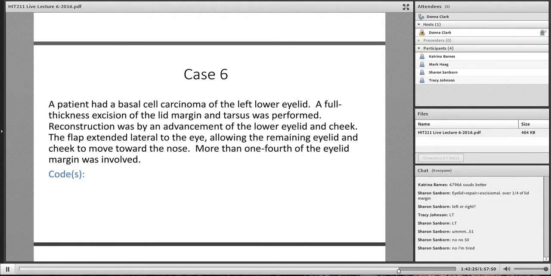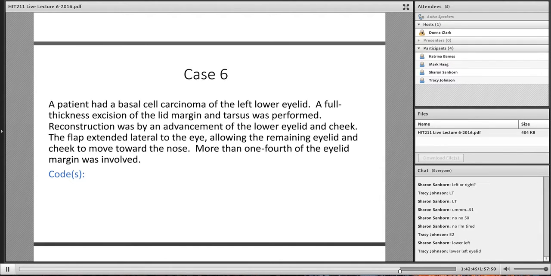So you got left, right. It's still in that. I'm gonna do one out of radiology, and we're gonna wrap up and talk about the cases. We're gonna jump because it's getting late. We're gonna close it out. E2. What is E2? Lower left eyelid, right? So that's what we need there.